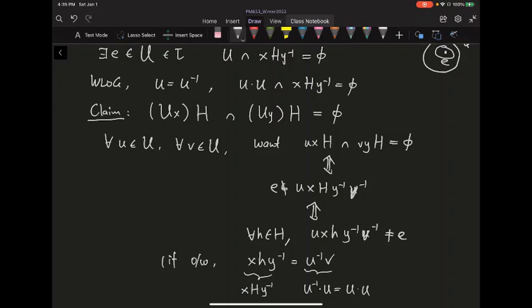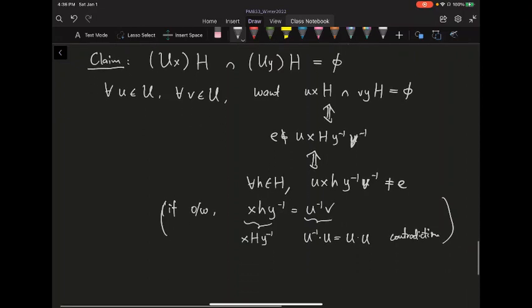But we know these two sets are disjoint, so this is a contradiction. By our choice, U dot U has to be disjoint from xHy inverse. So this proves this claim. And because of that, if I take Q of this Ux, we know Q is an open map, so Ux is open, so the image is also open.